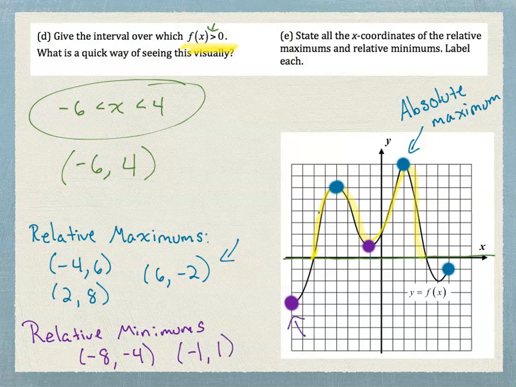The lowest point on the function is your absolute minimum. Oh, I missed one. Do you see where I missed another relative minimum? My other relative min is right here, at the point (5, -2). So let's include (5, -2) in our list, the one that we missed. So I have 3 relative minimums, and one of those is an absolute minimum.